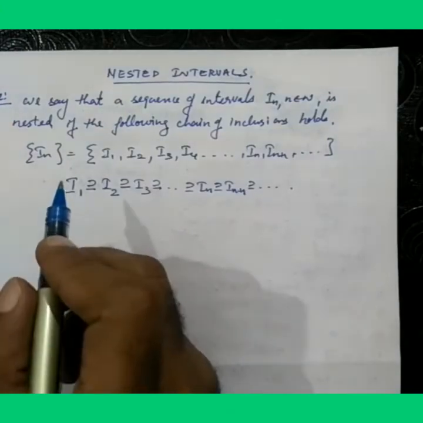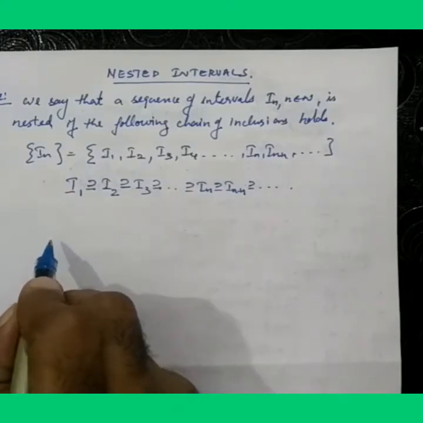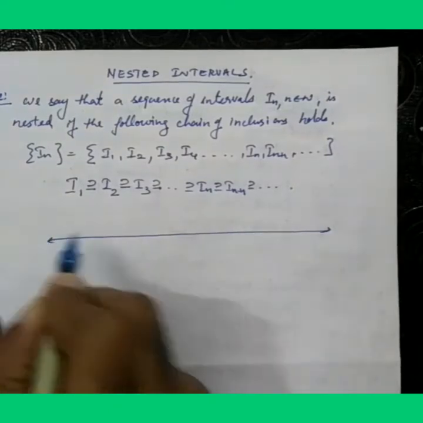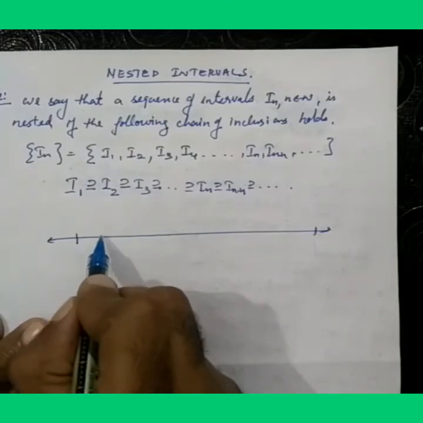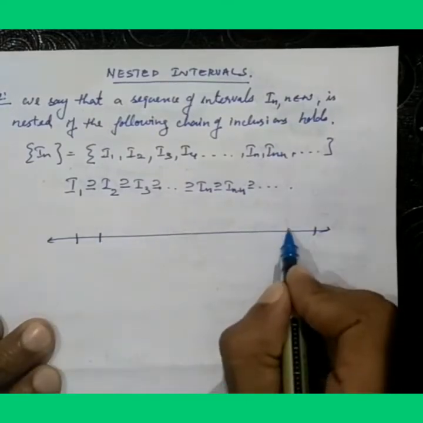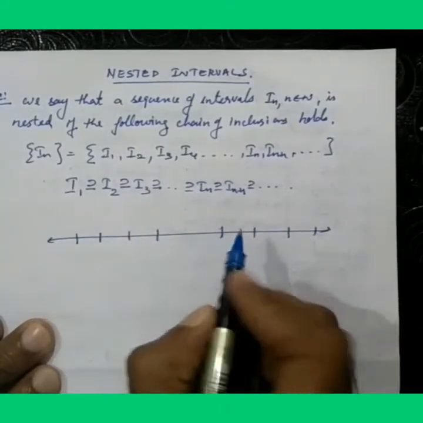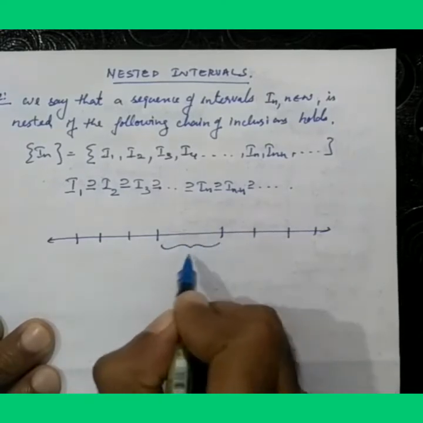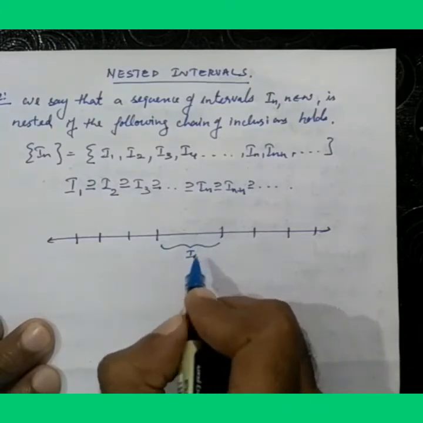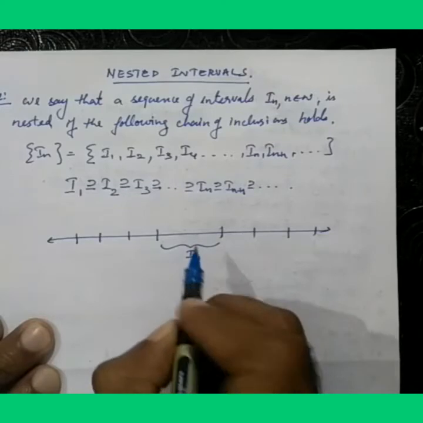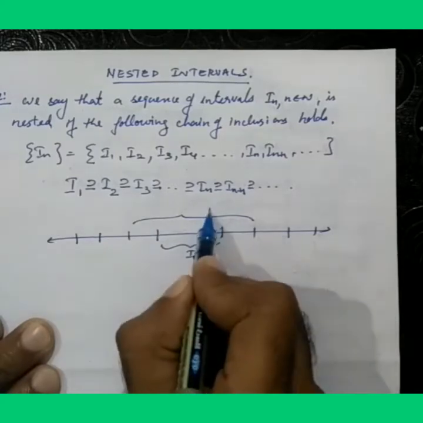Okay, if the sequence I_n follows this particular property, we say that it is a nested sequence of intervals. Or for example, if you want to know it diagrammatically, we'll just plot it. Suppose this is our R, suppose this is I1. I'll mark it later. I2, I3, I4. Suppose this is my I4, then next one will be I3.